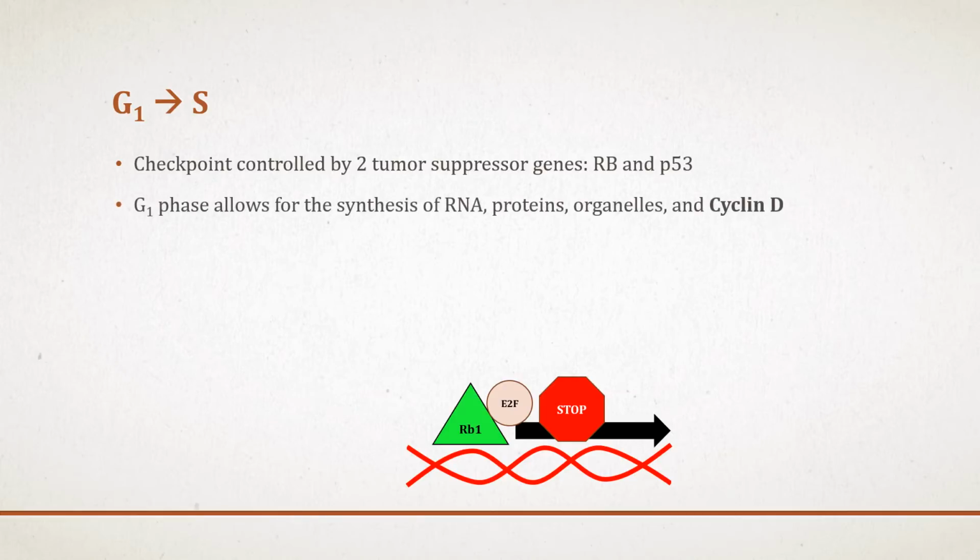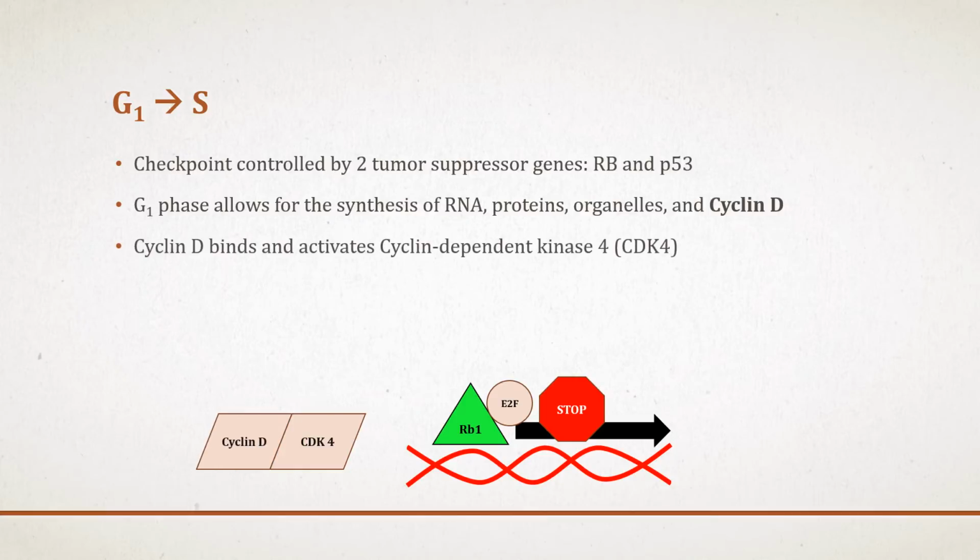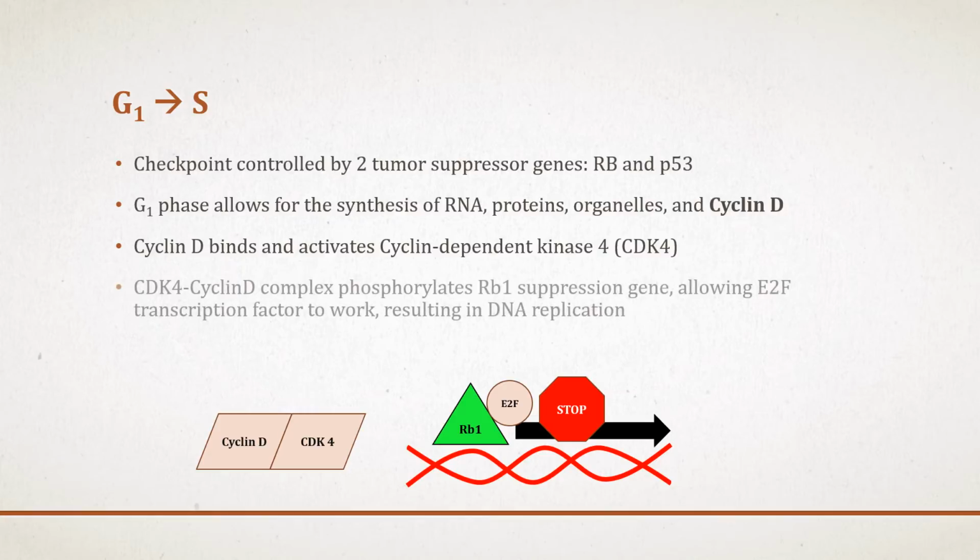So during the G1 phase, we have the production of different proteins, including cyclin D. Cyclin D is a protein that binds to CDK4, which is cyclin-dependent kinase 4. Cyclin-dependent kinase 4 is always inactive unless it binds with cyclin D. When this complex of cyclin D and cyclin-dependent kinase 4 forms, it does what any kinase would do in the human body, and that's phosphorylating.